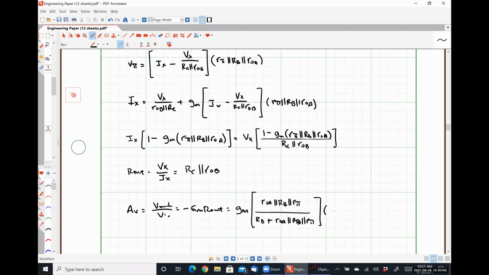This whole thing multiplied by RC in parallel with R naught B.